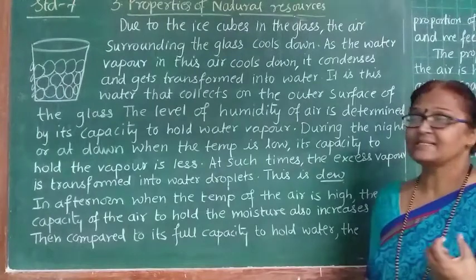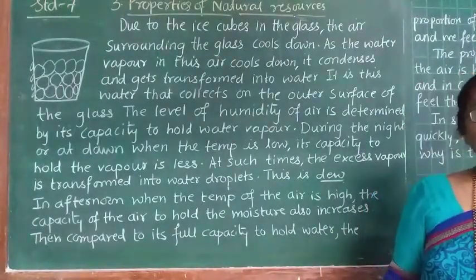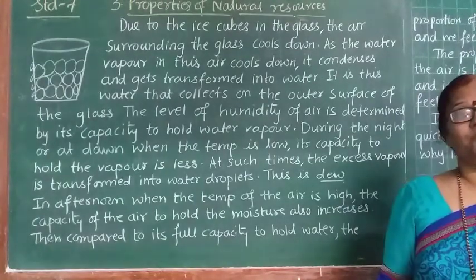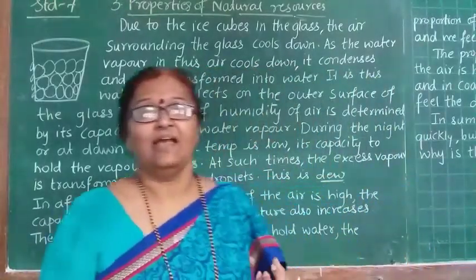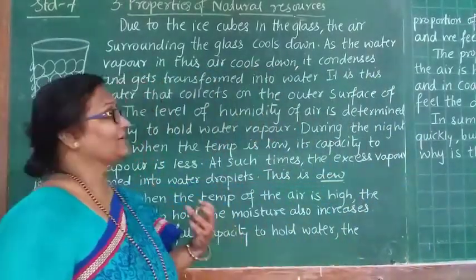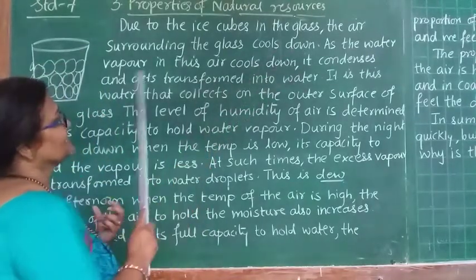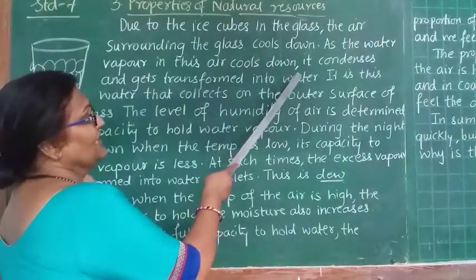So what happens here? As the glass contains ice cubes, the surrounding area becomes very cool. And as there is air surrounding the glass, it cools down and it condenses and gets transformed into water.